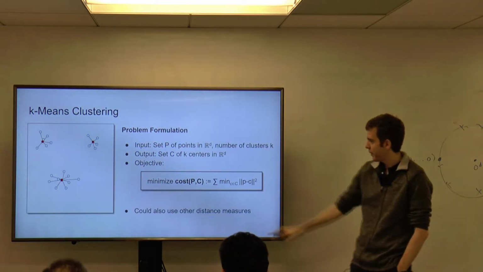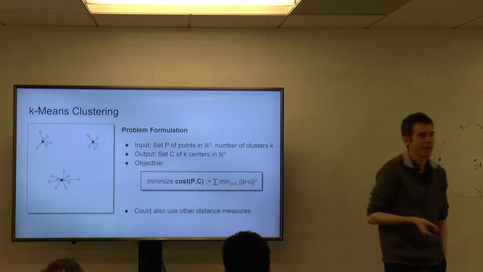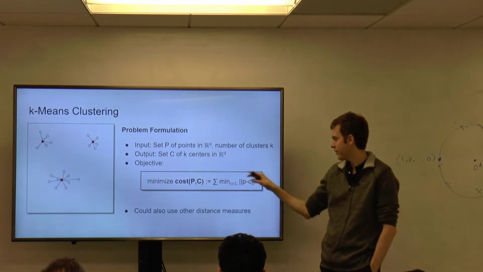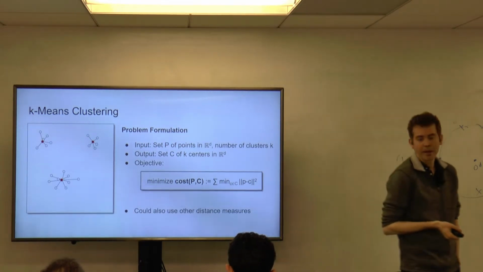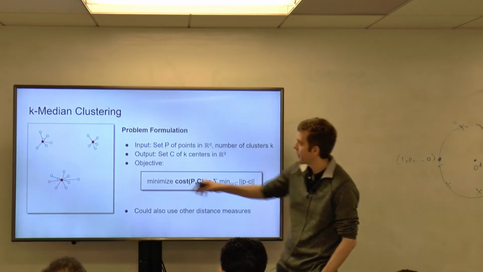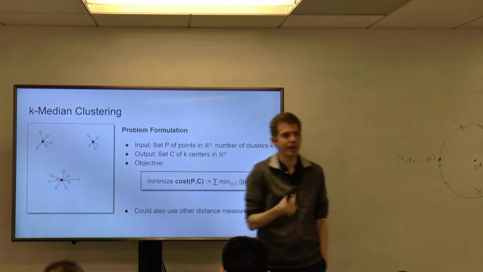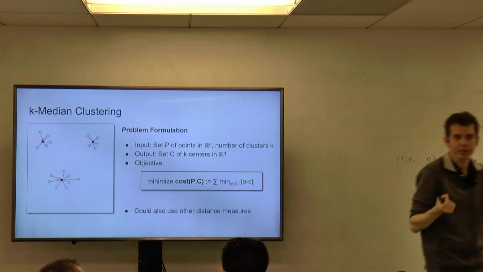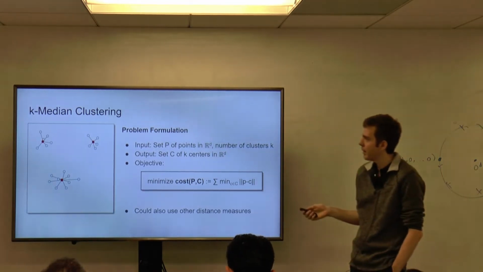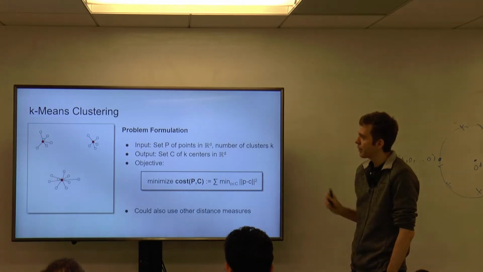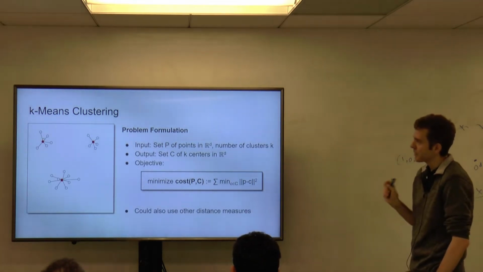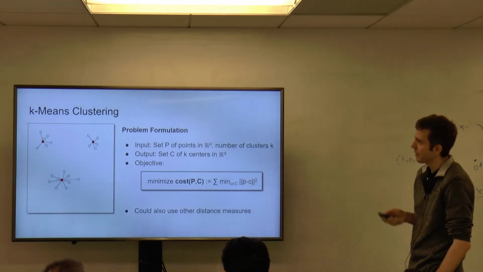The only thing that changes here is I'm still summing over all points, but I'm summing up the squared distances to the nearest centers. And here, if I tell you the cluster, then the center for that cluster is just the average of the points. So it has a nice algebraic interpretation, and K-median does not, and this causes a lot of problems, as we'll see later in the talk.